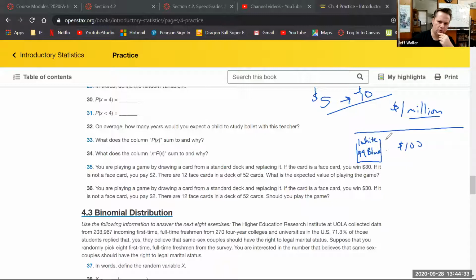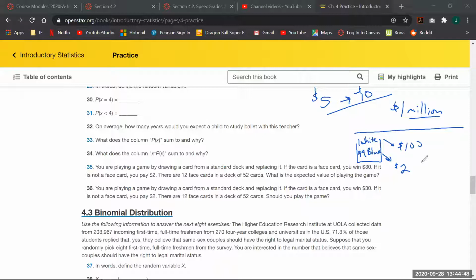But if you pick the blue marble, then you have to pay me $2. Can you tell if that's a good game to play just by what I've told you? No, I can't.